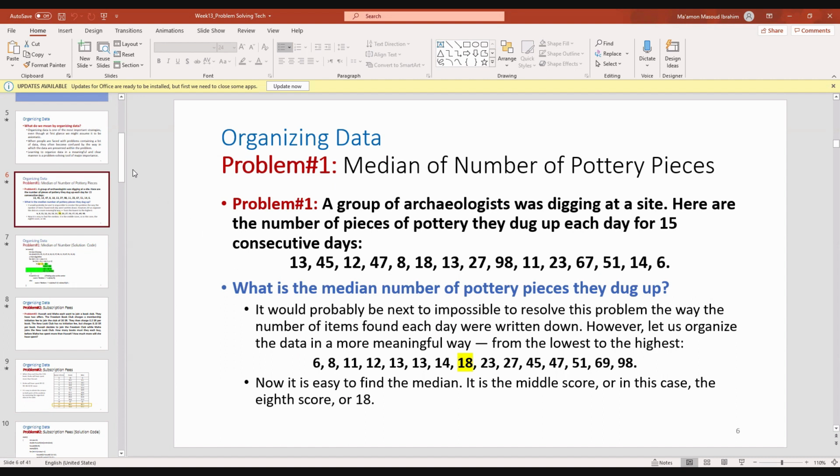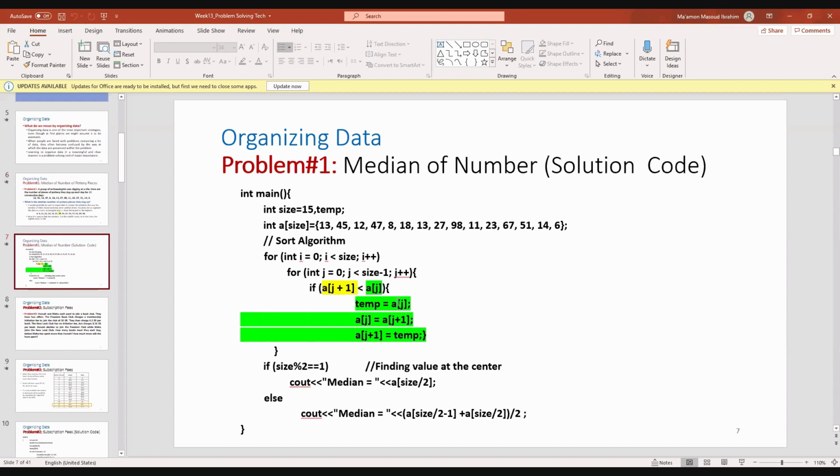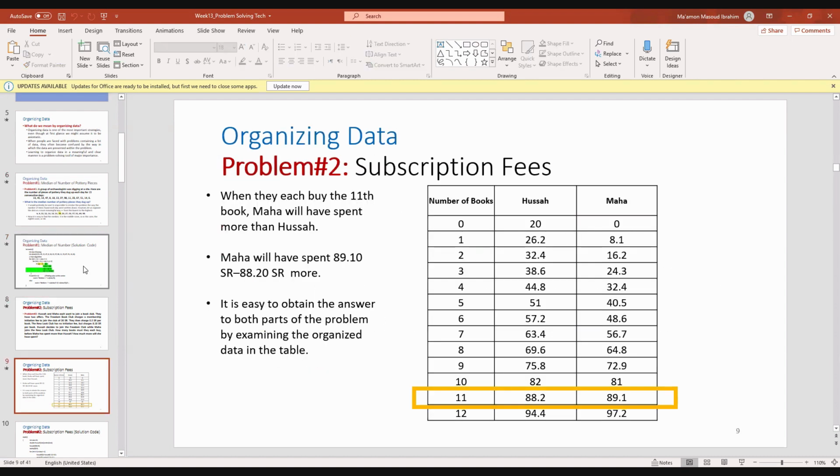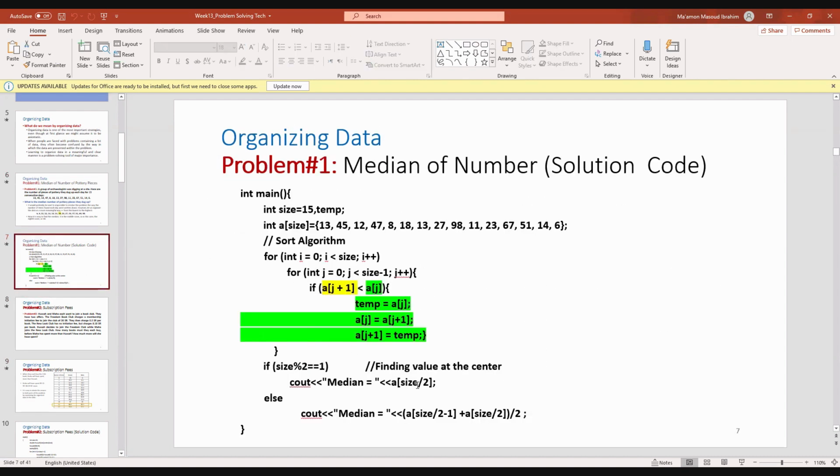before it. If you remember this code here, we are sorting the array, and here we are checking the array size, and based on that we are calculating the median, based on size divided by 2.